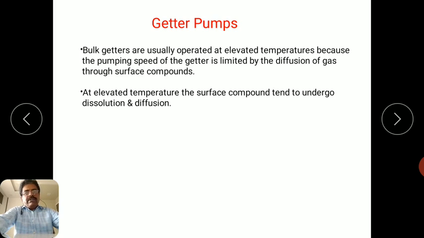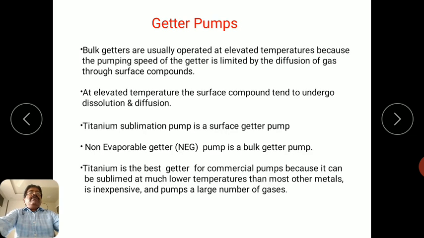Whatever surface compound forms will undergo either dissolution or diffusion. Diffusion means they will go deep into the bulk getter material, or they will be buried deep in it. This way the bulk getter difficulty can be solved by operating them at a certain elevated temperature.